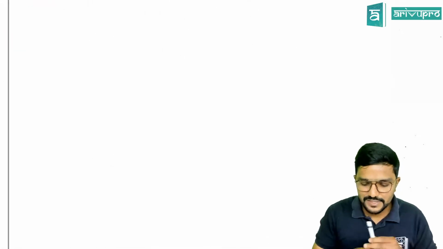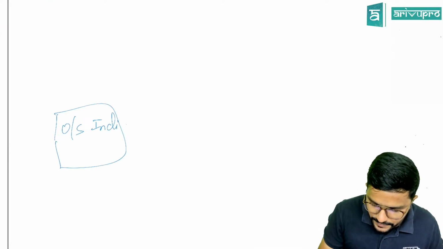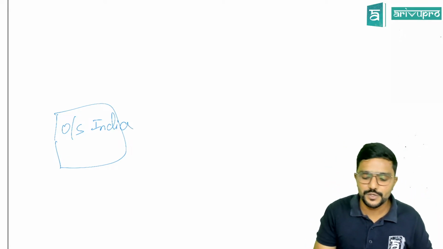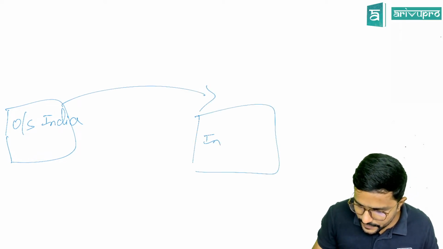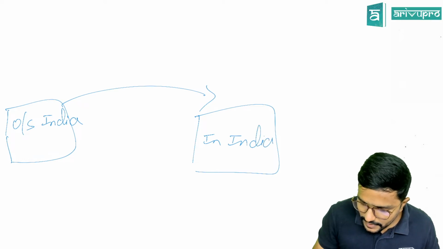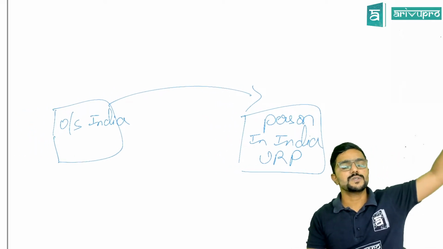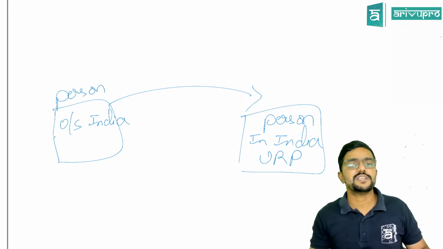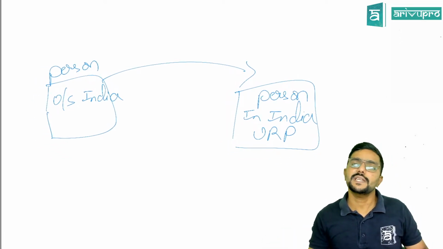Now, there is a person sitting outside India who is giving some online information or database access retrieval services to a person in India, and that person is unregistered in India.